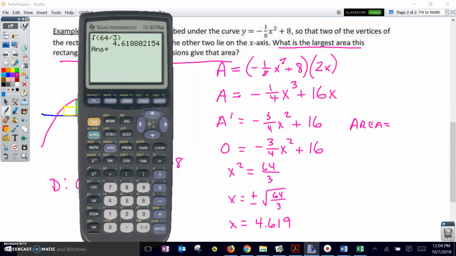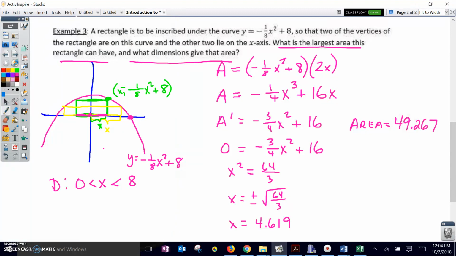Store that value into A. Alright, so then I want -1/8 a squared plus 8 times 2a. I didn't want to type all those digits, but I did want to use all those digits. And so we get that the area is 49.267.